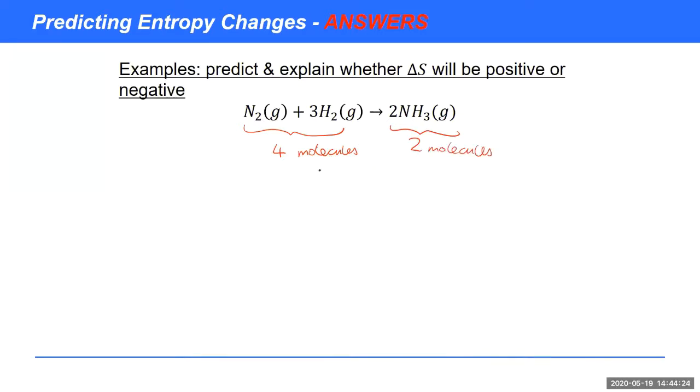So if we remember back to our starting point, the more particles you have, the more ways you can spread the energy out among them, the more entropy you've got. So these 4 molecules are going to have higher entropy, and 2 molecules are going to have lower entropy. And so in this case, entropy is going to go down.